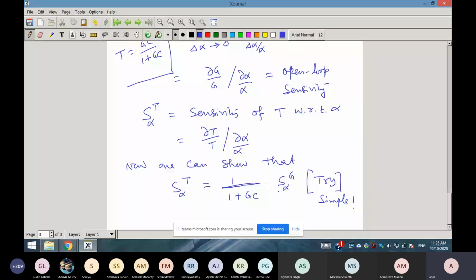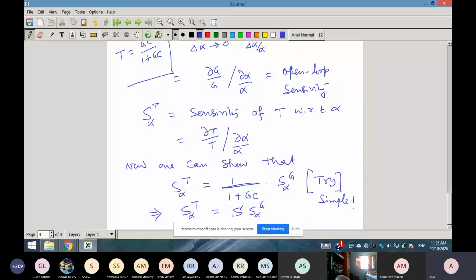As you know from your basic electronics class, hopefully, feedback reduces the sensitivity of the loop to parameter variation. You might have studied this kind of relation in your analog electronics class also. So I will write S alpha t equals capital S into S alpha of G. This S I will term the sensitivity function.